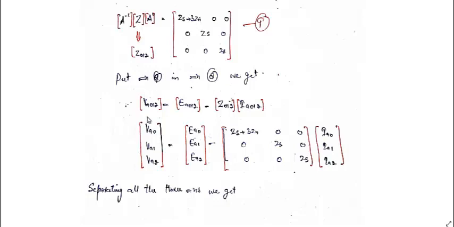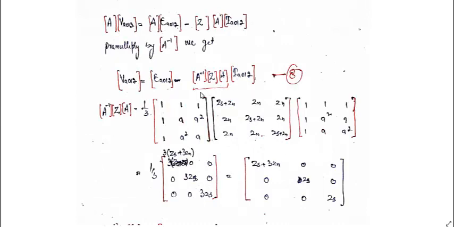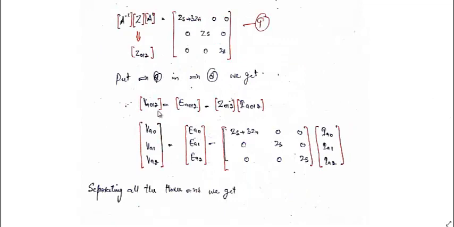So I will write down equation 8, and we can represent it by Z012, so it becomes a little easier to write. This will be VA0, VA1, VA2 equal to EA0, EA1, EA2 minus the matrix Zs plus 3 times Zn, 0, 0, 0, Zs, 0, and so on, times IA0, IA1, IA2.